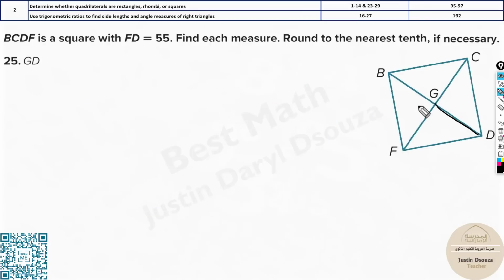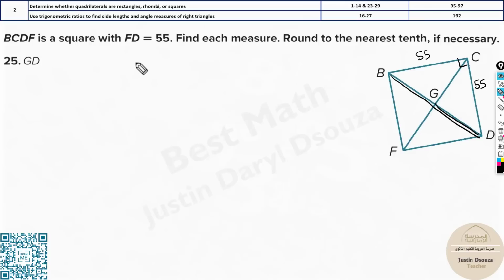GD over here. Now we know BD will be 2 times GD, or if we find BD, we can easily find GD. We know all the sides are 55. This is 55. This is also 55. So how can we find this? By Pythagoras theorem, it's 90 degrees, right? This is a square. All angles are 90 degrees.